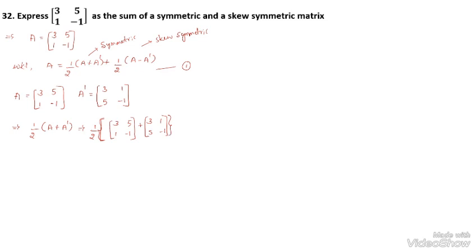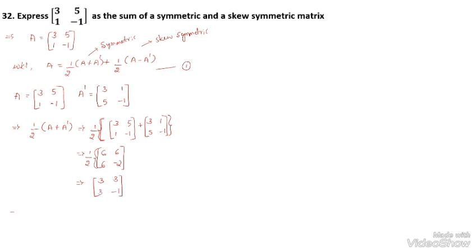Now I can add here, 1 by 2 remains constant. 3 plus 3, 6. 5 plus 1, 6. 1 plus 5, 6. Here minus 1 minus 1, it becomes minus 2. Now I can divide each element by 2. We get 3, 3, 3, minus 1.